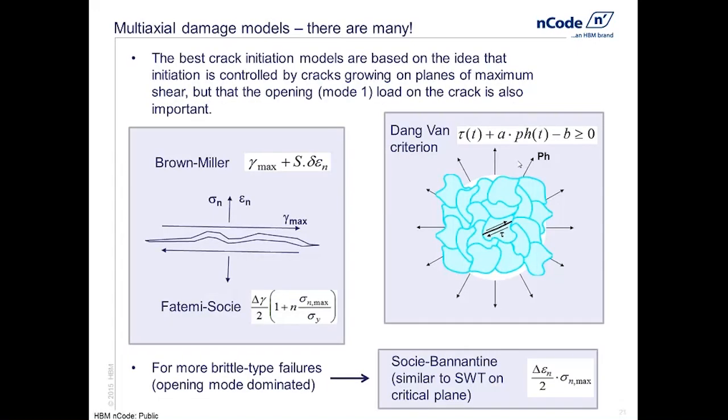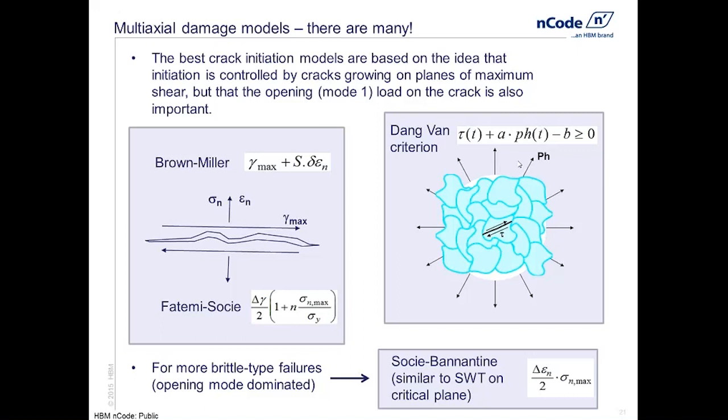Let's now think about multiaxial fatigue damage. There are many multiaxial fatigue damage models. You'll find many in the literature. The best ones, in my opinion, are mainly based on the idea that fatigue cracks in ductile materials tend to initiate as shear cracks, which then have to overcome microstructural barriers before they can lead to failure.